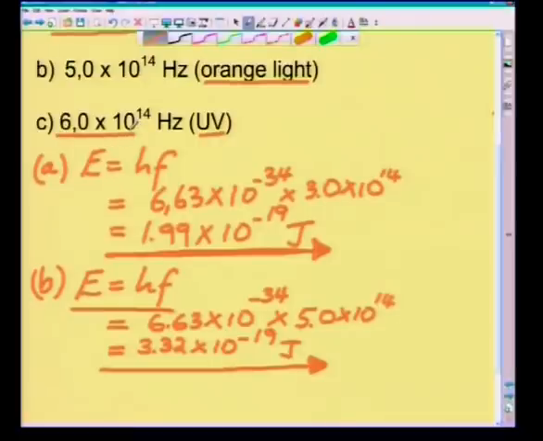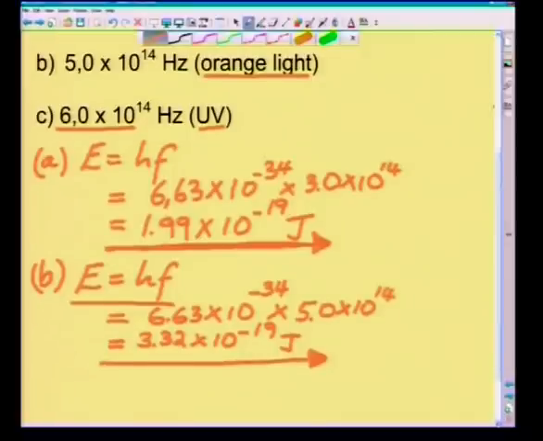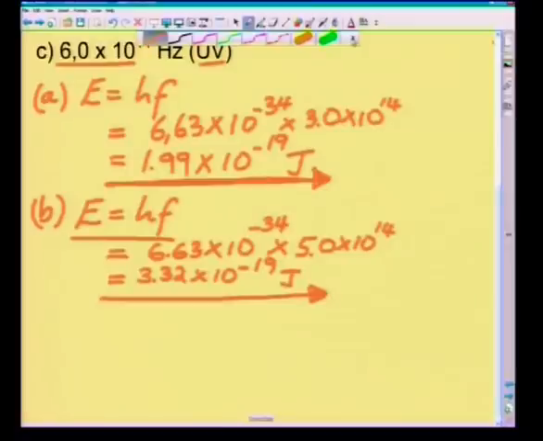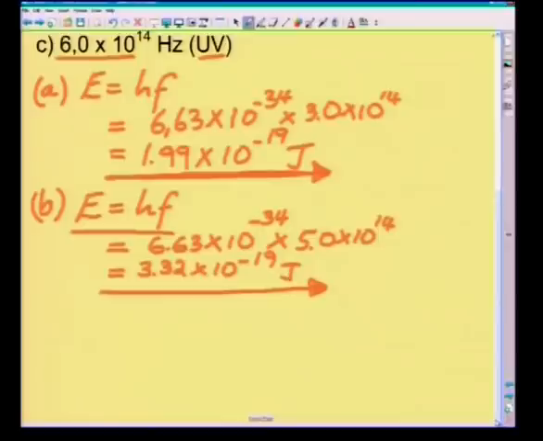Number C, we're looking at the ultraviolet light, UV, and this is, of course, the harmful part of white light. When it reaches the earth, it actually makes some people even have skin cancer because of its penetrative ability. It penetrates into our skin, into everything, and it is harmful.